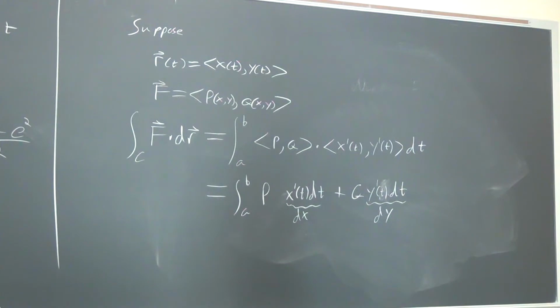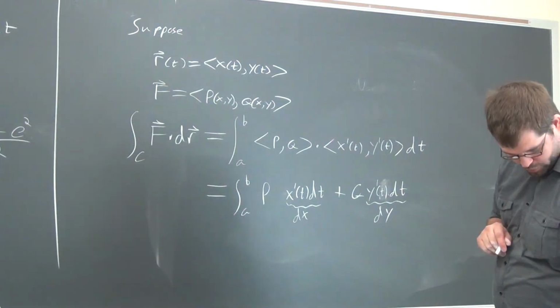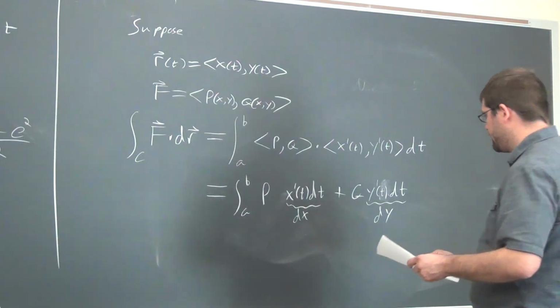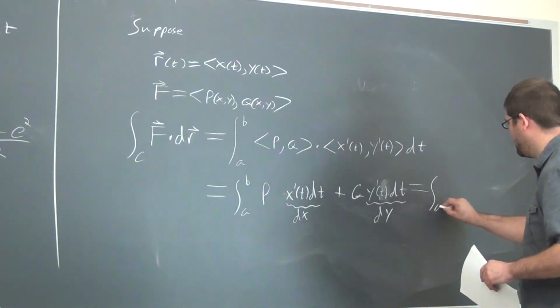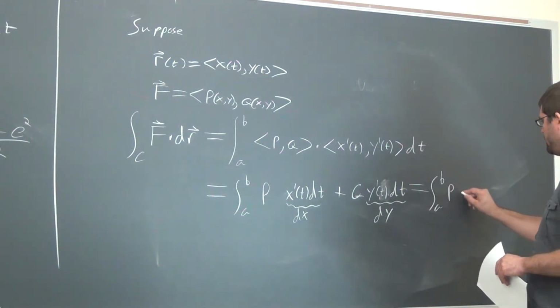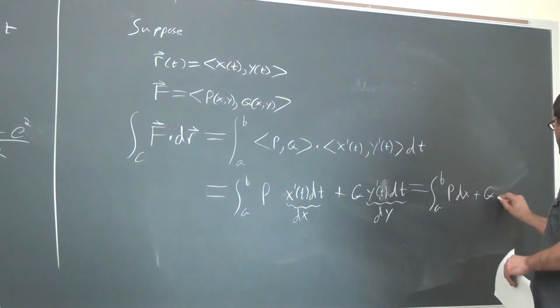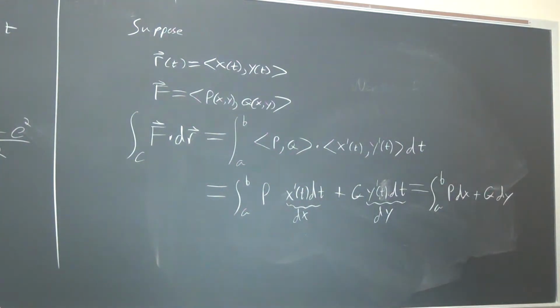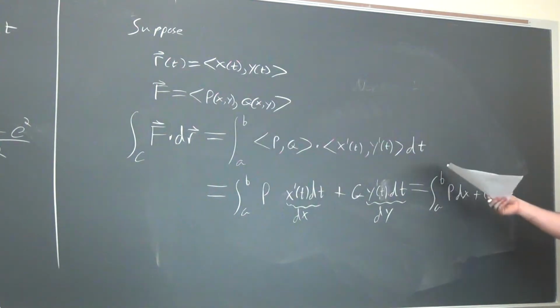Okay? And so oftentimes when we encounter these, this is the form you'll see them in: the integral from some a to b of p dx plus q dy. Again, the bounds a and b are bounds for that t, for that parameterization.